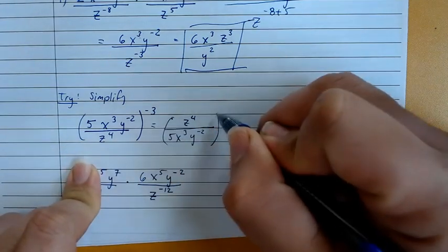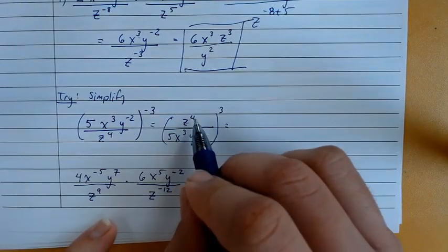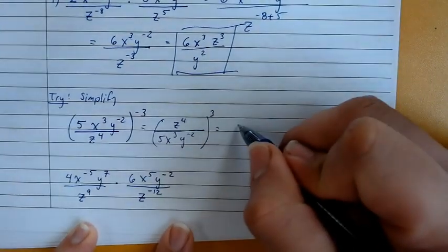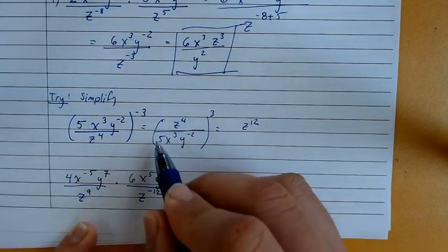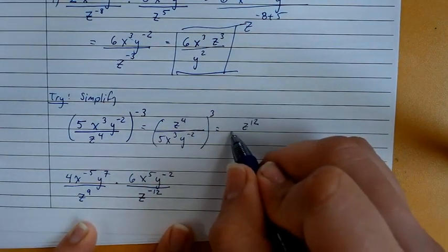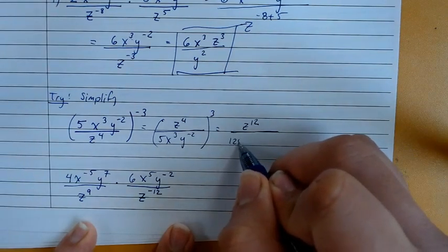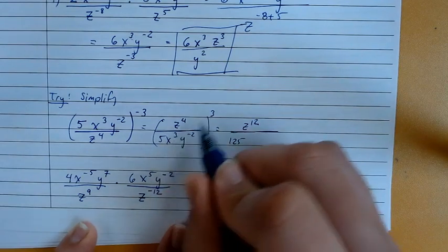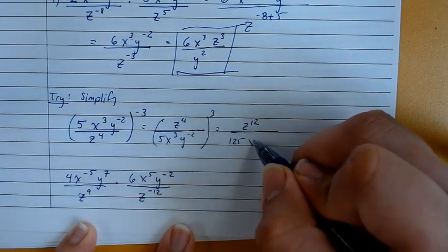And now this is all to the power of 3. Okay, now, z to the power 4 to the power 3, that gives you z to the power 12. 5 to the power 3, 5 times 5 is 25, times another 5 is 125. X to the power 3, and again to the power 3, those multiply together to give you x to the power 9.